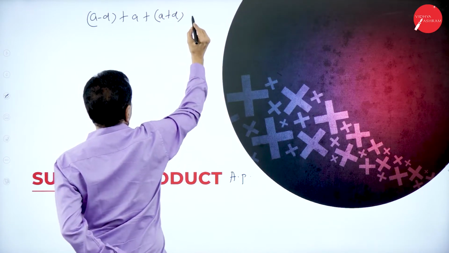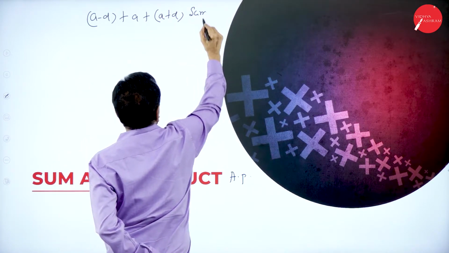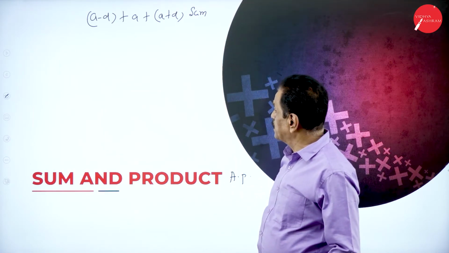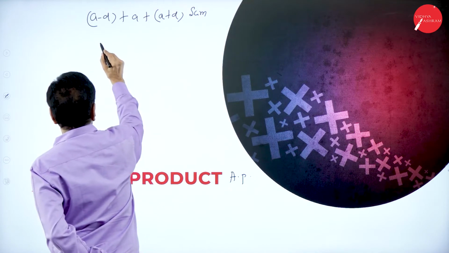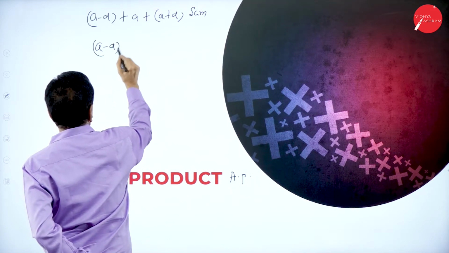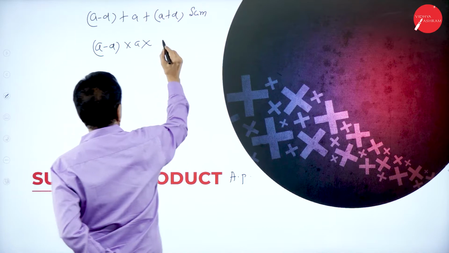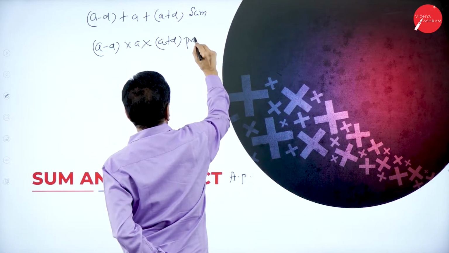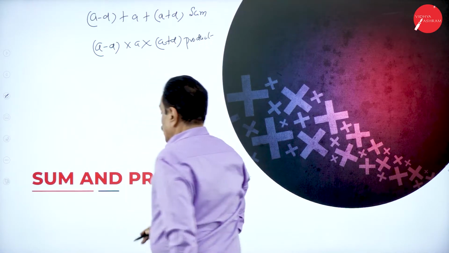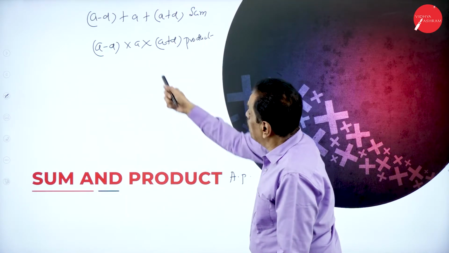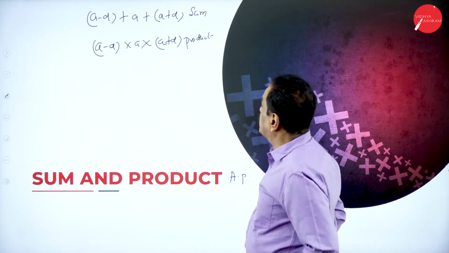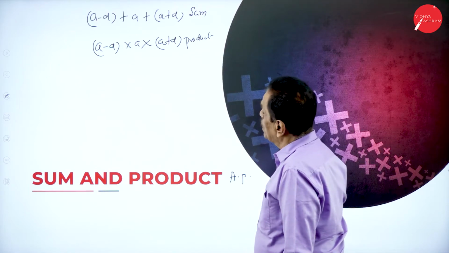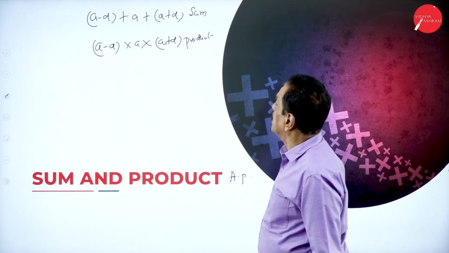The product is a minus d into a into a plus d.